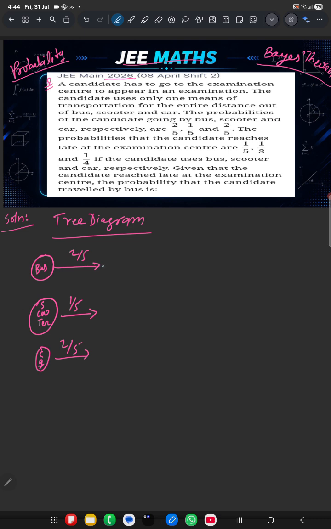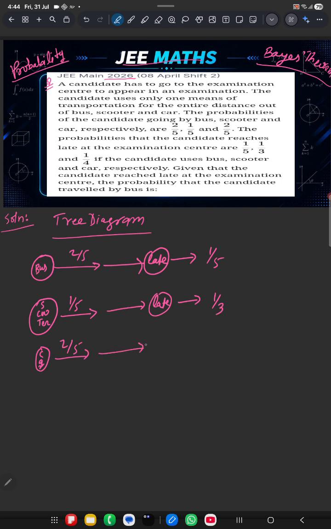The probability of going late by bus is given as 1 by 5. Similarly, if he goes by scooter then he will be late with probability 1 by 3.